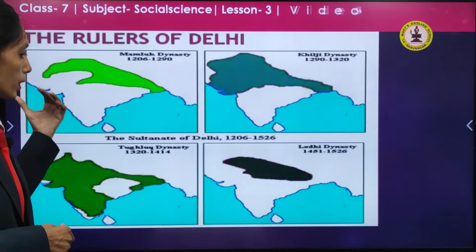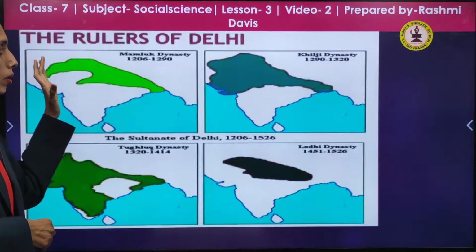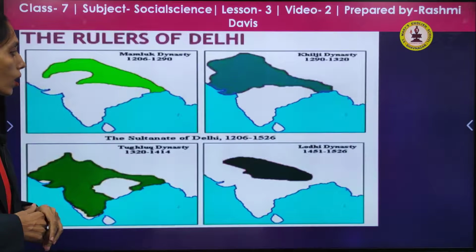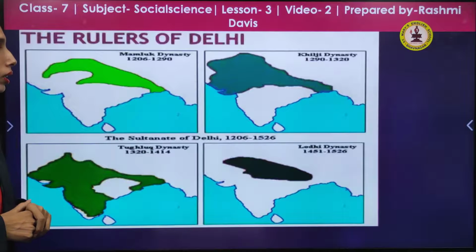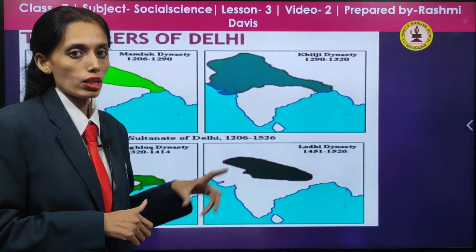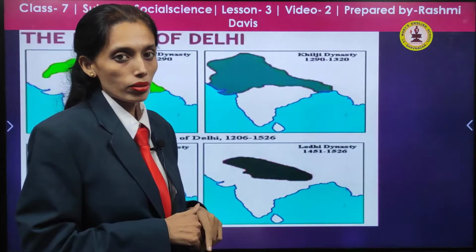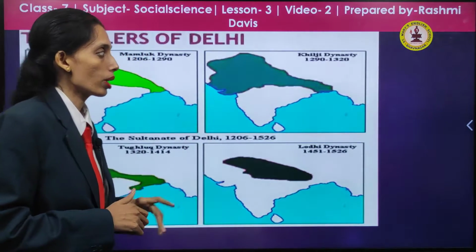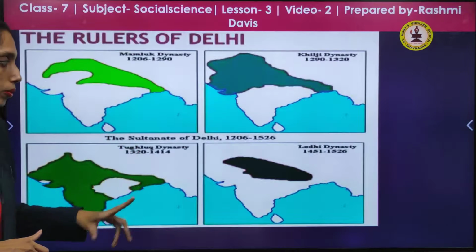During these dynasties, as you can see in the map, first is the Mamluk dynasty. They had captured the central region of India, from 1206 to 1290. Then the Khilji dynasty, from 1290 to 1320. Then the Tughlaq dynasty from 1320 to 1440.